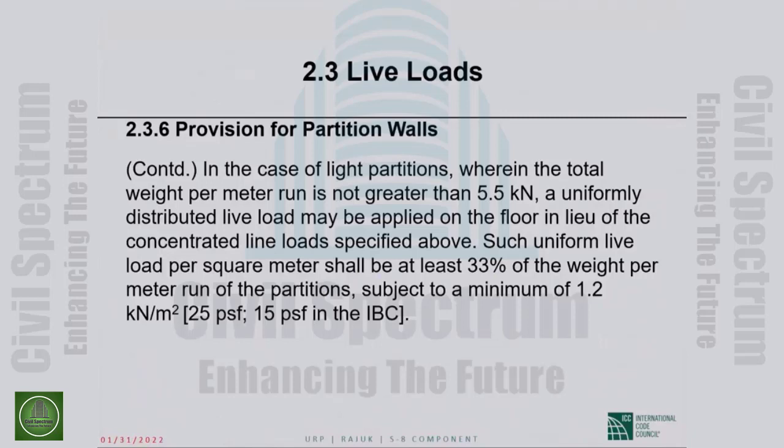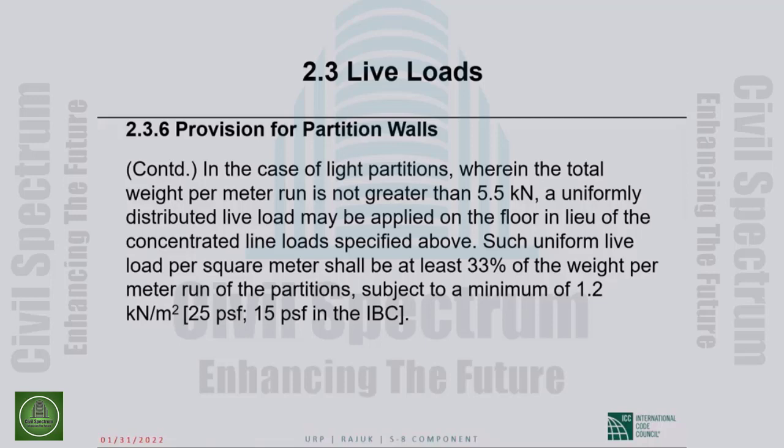This minimum value is what everybody uses for movable partition loads: 1.2 kilonewton per square meter. This is the BNBC 2020 minimum movable partition load. That comes to 25 pounds per square foot in our units. In IBC, we consider 15 pounds per square foot.